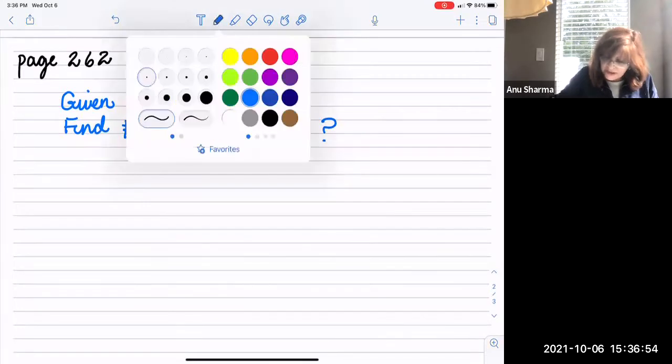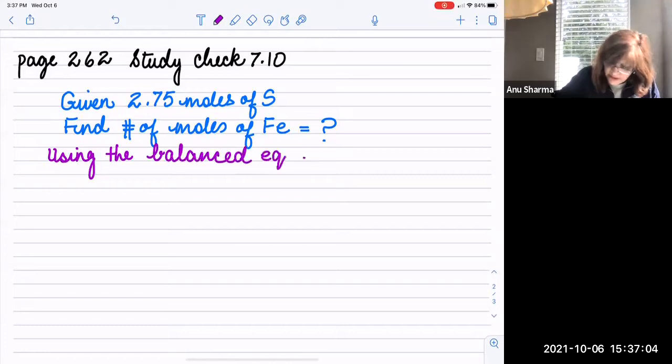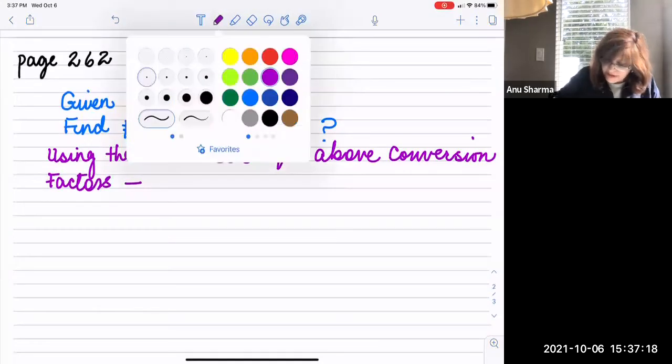So using the balanced equation and the above conversion factors, you set up the problem here.